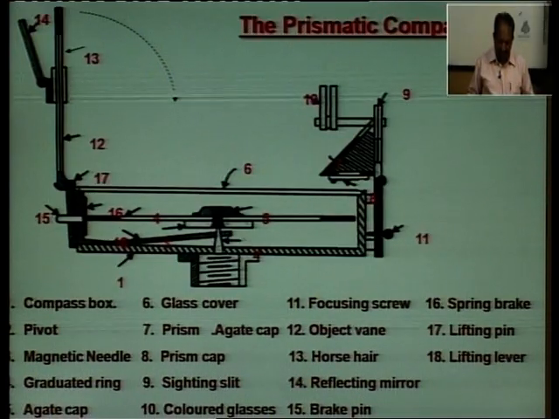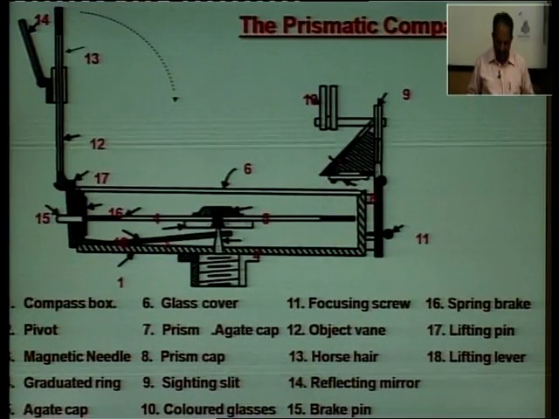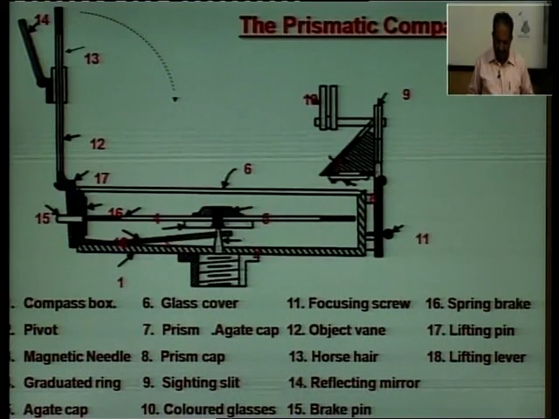The figure shows the sectional elevation of the prismatic compass. It consists of a cylindrical metal box marked as number 1 on your monitor screen, of about 8 centimeter to 12 centimeter diameter, in the center of which is a pivot marked as 2, carrying a magnetic needle marked as 3, which is already attached to the graduated aluminum ring 4 with the help of an agate cap marked as 5.